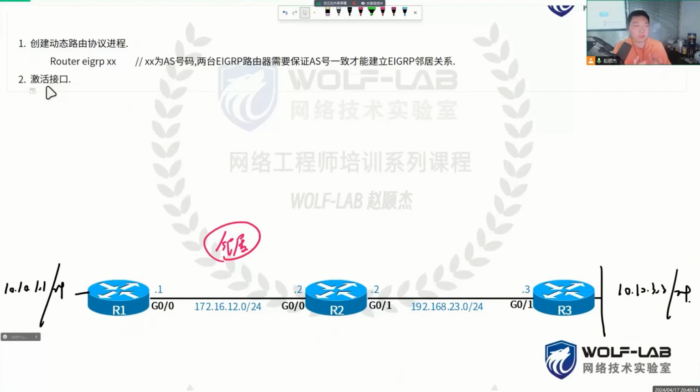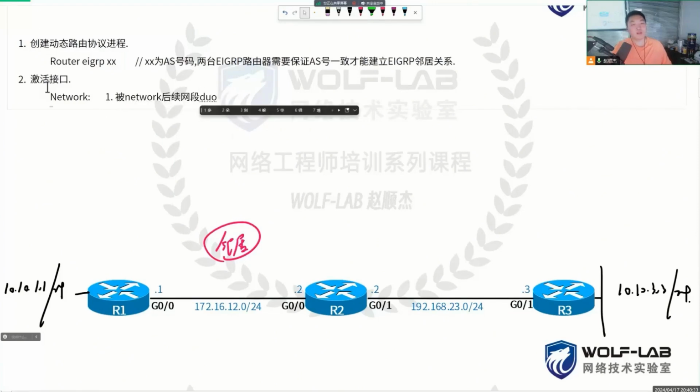A special command line called network. The network command has two functions. The first function: the interface address matched by the subsequent network segment of the network, the interface corresponding to this address, runs the dynamic routing protocol.